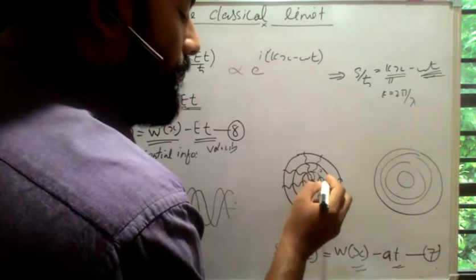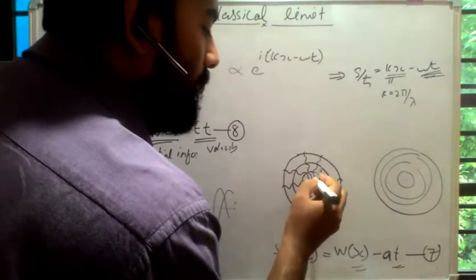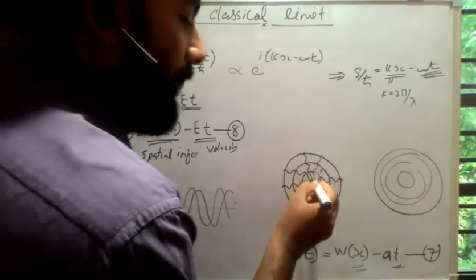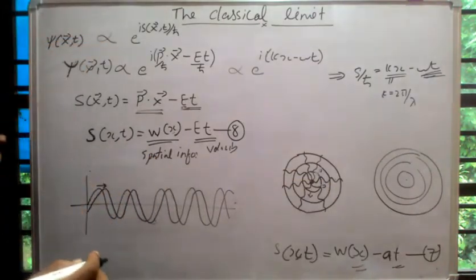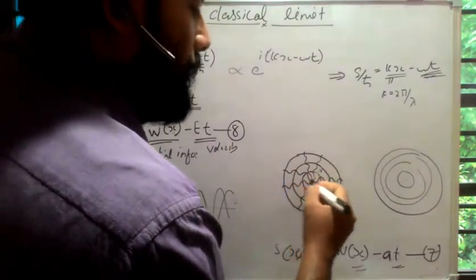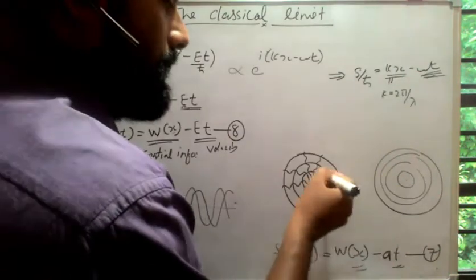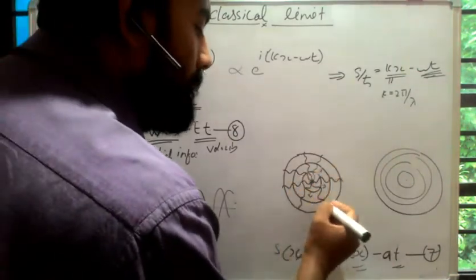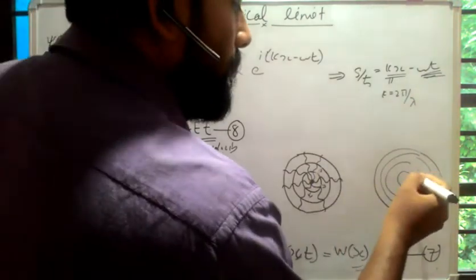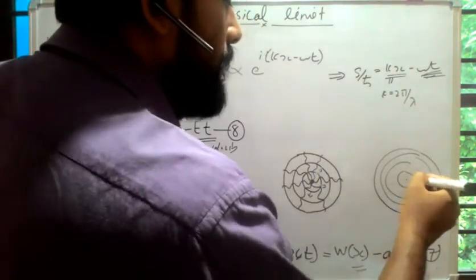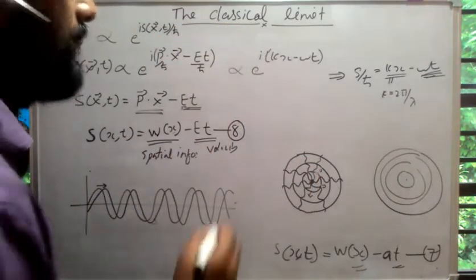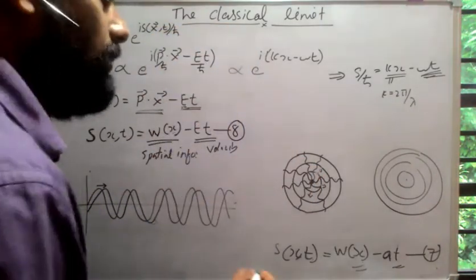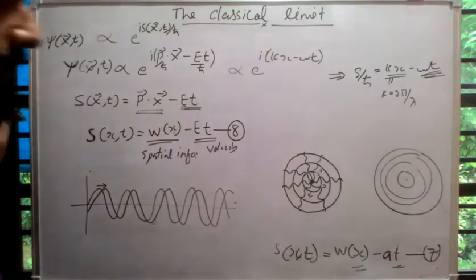I am representing the presence of a particle with a wave function, and the points of the same phase advance as the ripples advance in a calm pool of water when I drop a stone. That means I can compare wave mechanics with geometrical optics.